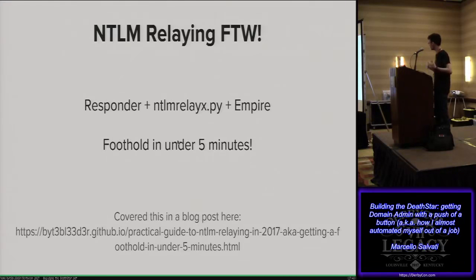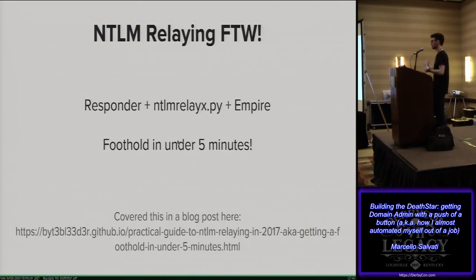NTLM relaying. This is something I'm trying to push because every time I talk to people, there seems to be a lot of confusion about NTLM relaying. With the hashes that you get with Responder, you can relay those to other machines on the network if there are multicast broadcast protocols in play and the hosts do not support SMB signing.